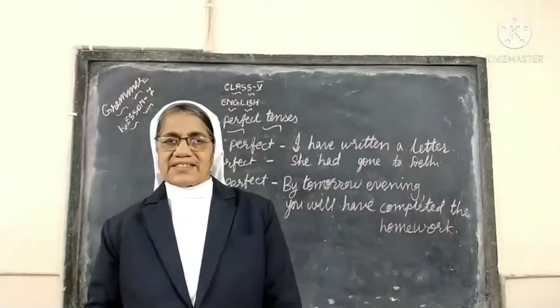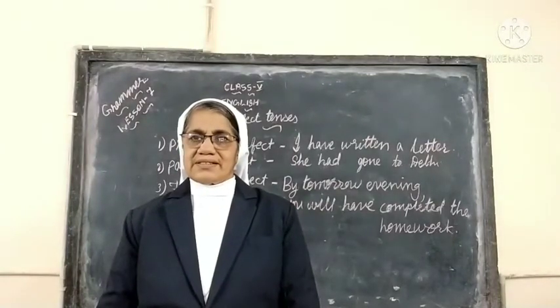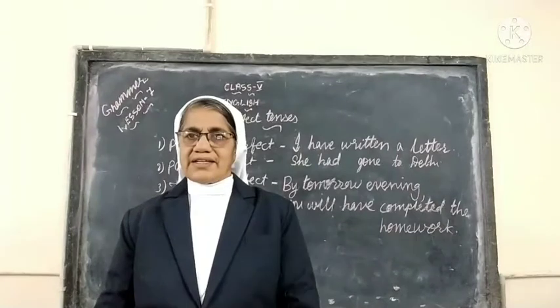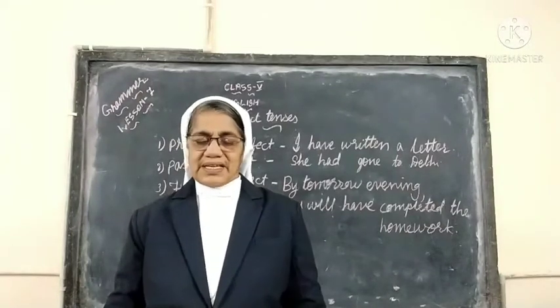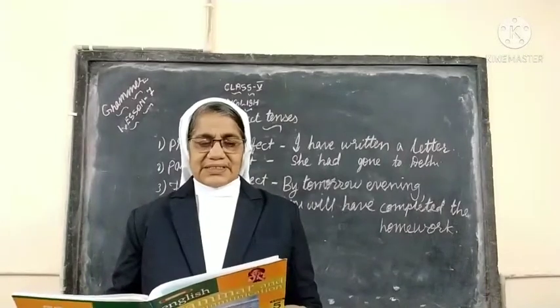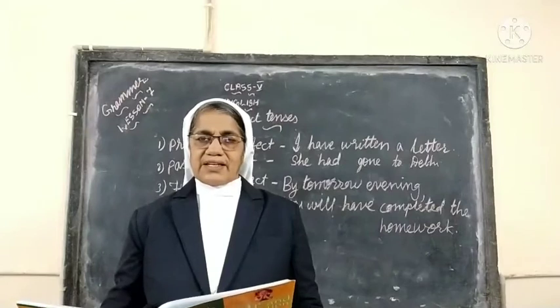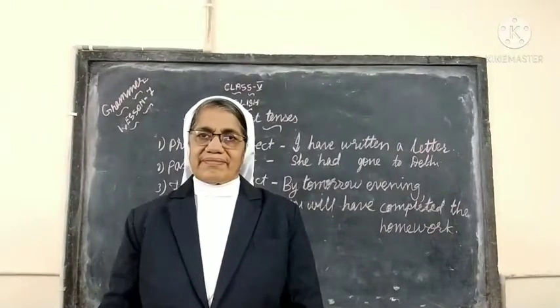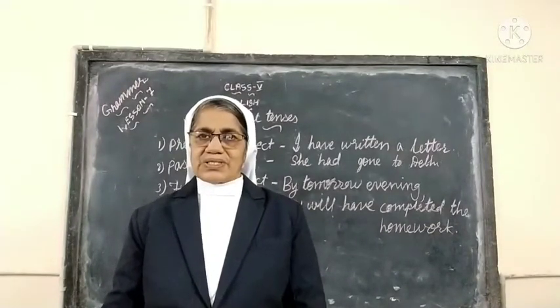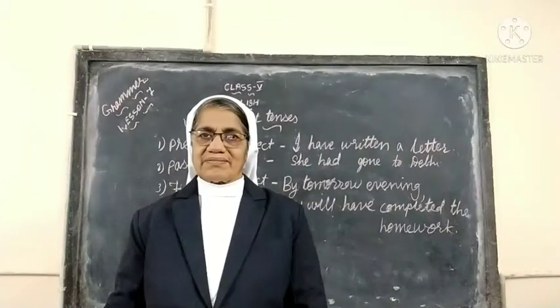Three simple tenses are there: simple present, simple past, and simple future. And in lesson 6, we learned that three continuous tenses are there: present continuous, past continuous, and future continuous.